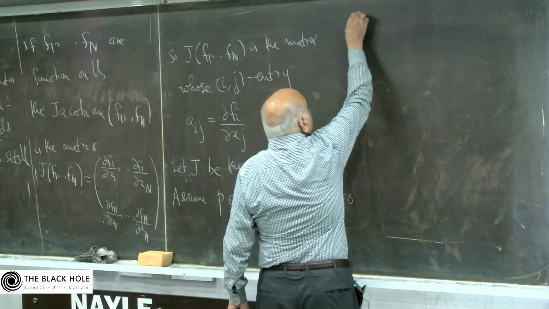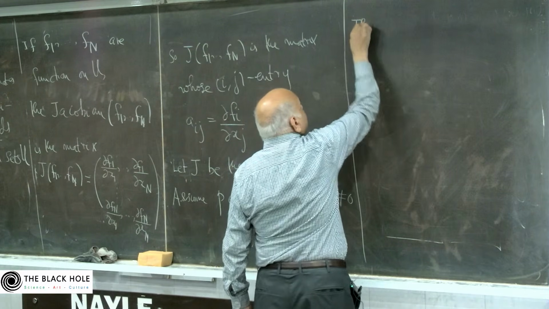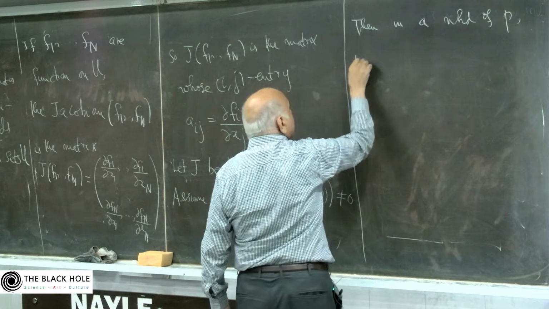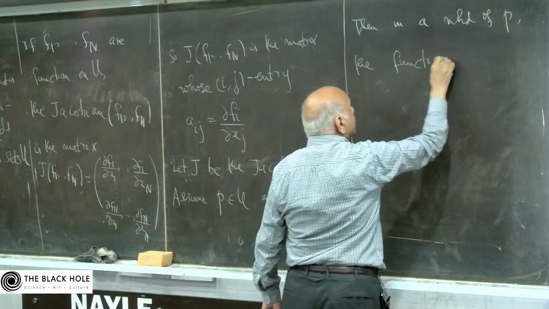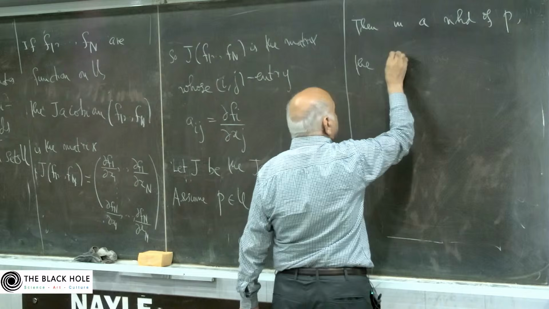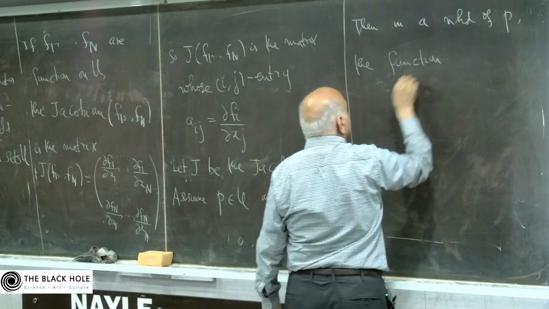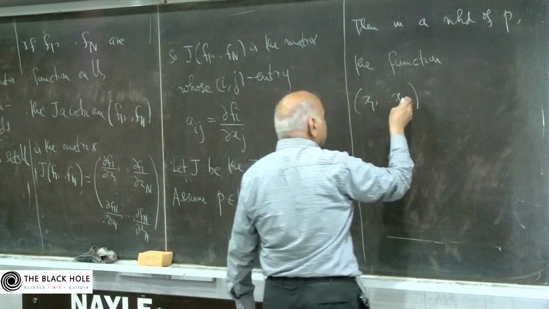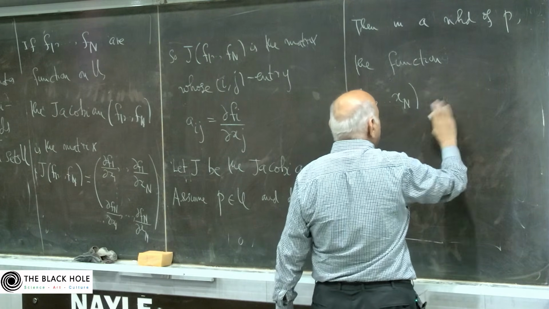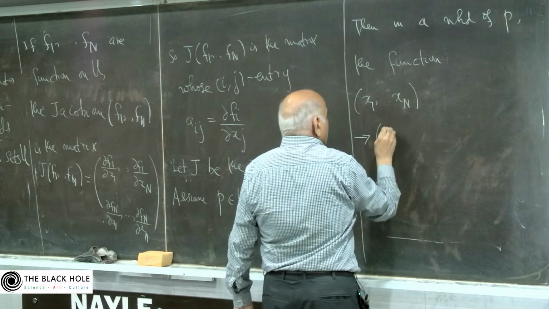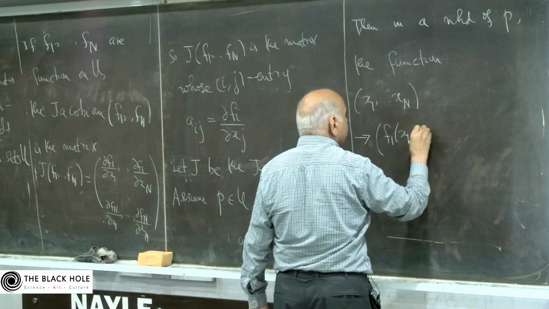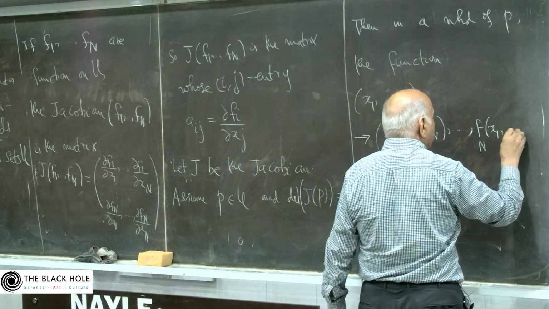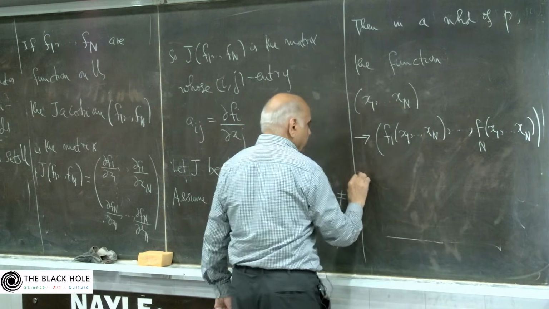Then in a neighborhood of P, the function, let's give it a name Q, the function x1 up to xn goes to f1(x1, ..., xn) and so on up to fn(x1, ..., xn) is one-to-one.